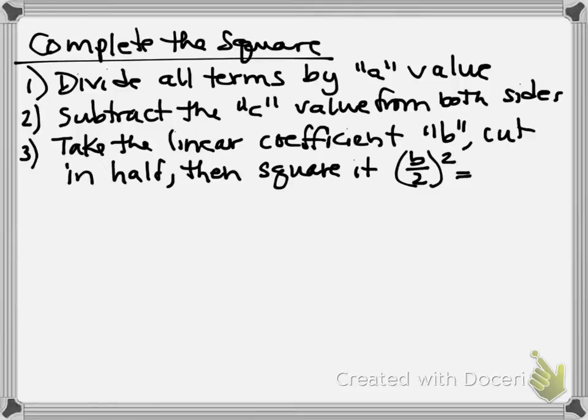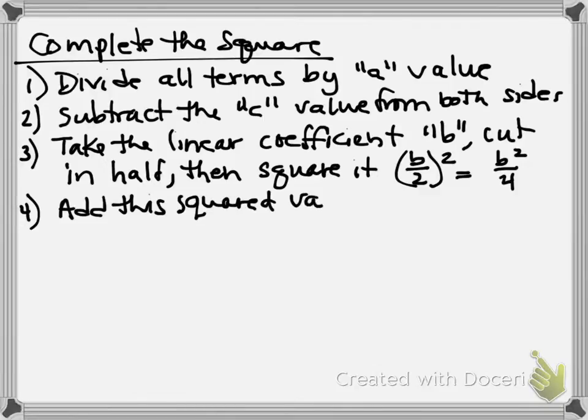When I do that math, I get b squared over 4. Now, that's just, again, very generic what I'm doing. We're going to add this squared value to both sides of the equation.